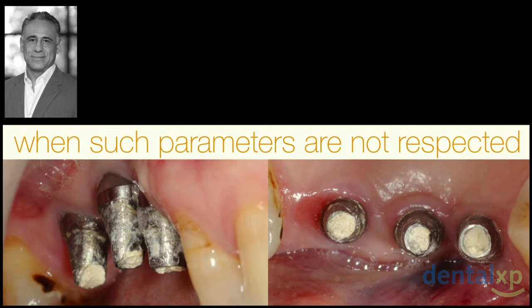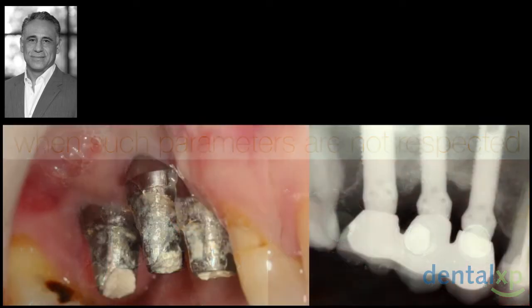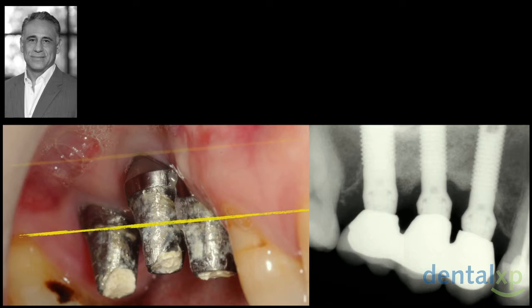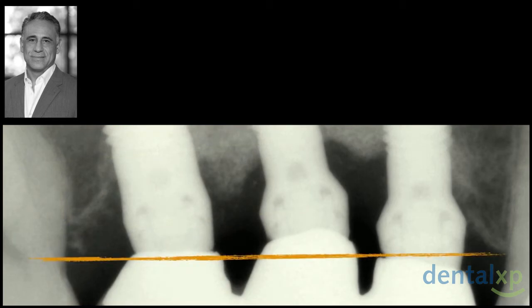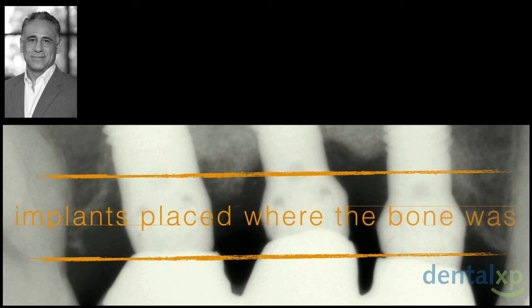Like this patient who had chronic pain for almost 3 years around these implants, and nobody could figure out why. And when she first presented, it obviously presented with very highly apically positioned implants, very difficult to access for hygiene. And when we look at the x-ray, the implant platform was clearly more apical than where the interseptal bone was.